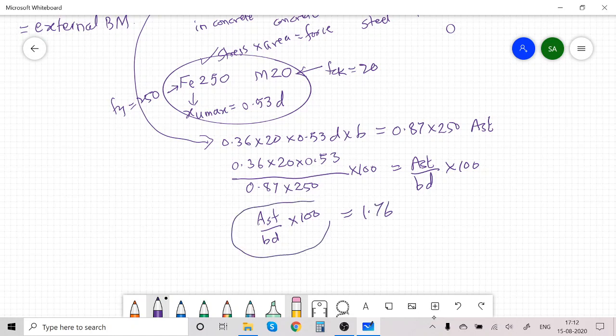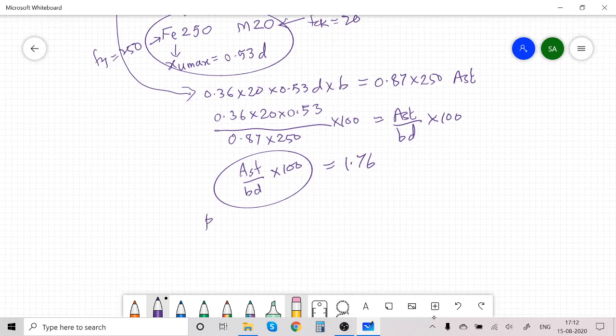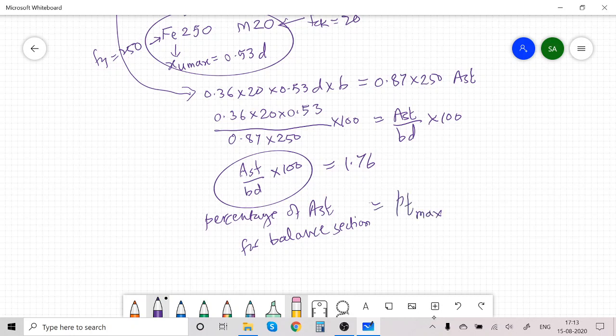This is the percentage of AST, and as this is for a balanced section, this is PT, percentage of steel maximum, or PT limit.